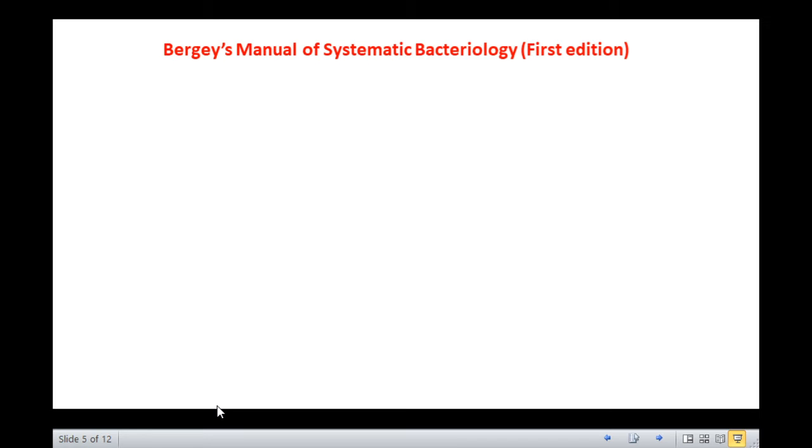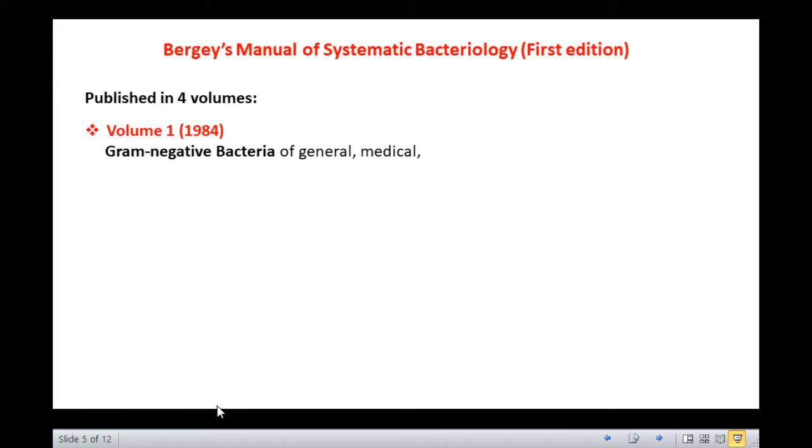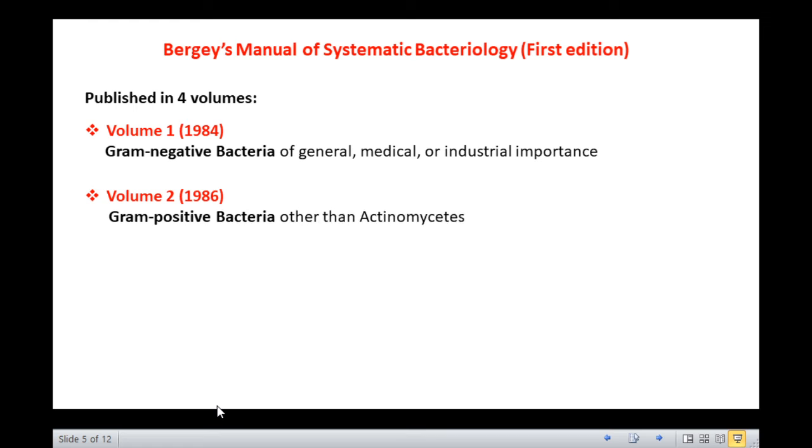Bergey's Manual of Systematic Bacteriology, the first edition, is published in 4 volumes. Volume 1 was published in 1984 and it included gram-negative bacteria of general, medical or industrial importance. The second volume was published in 1986 and it comprised gram-positive bacteria other than actinomycetes.